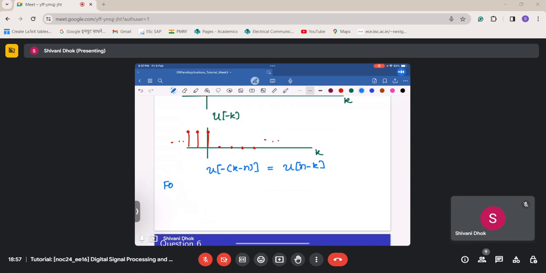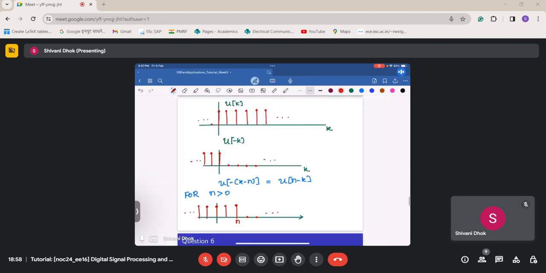Therefore, for n greater than 0, that is when we are shifting this signal rightwards, it will be something like this. For some instant, let's say k, and 0 otherwise, and it will be again 1 here.